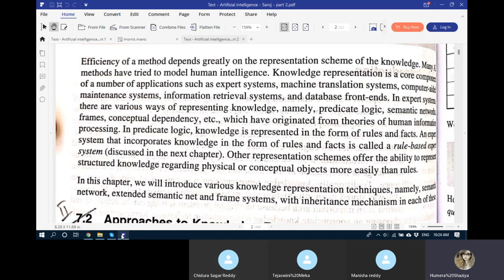How has it become an expert? Because it has a tremendous knowledge base. That knowledge base contains the entire information about the symptoms and the diseases. So if a person approaches that machine with some symptoms, the machine will look into its knowledge base and derive some conclusion based on the person's symptoms.